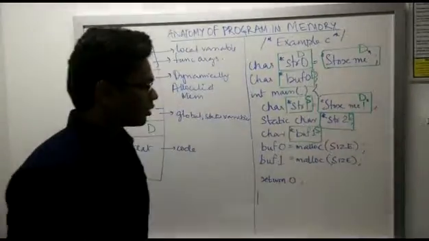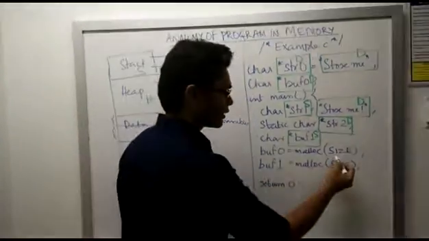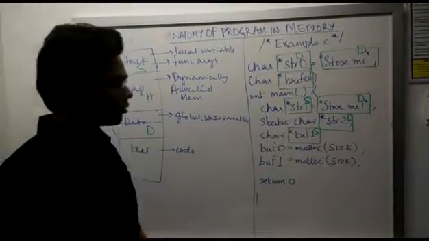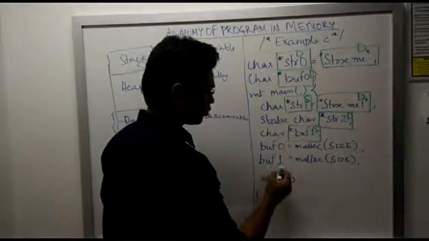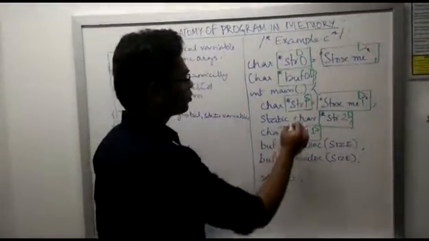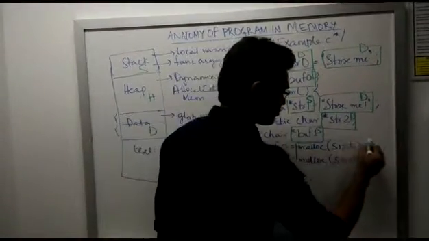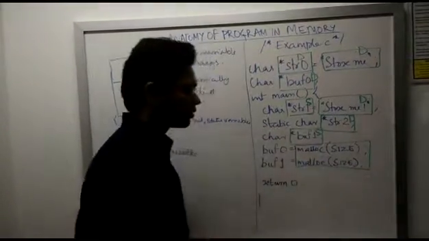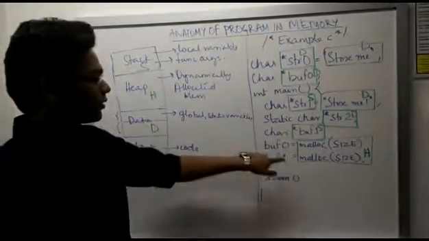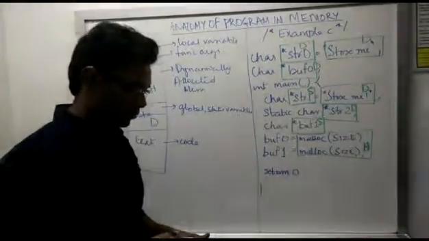I am dynamically allocating 2 blocks of memory of size, capital SIZE, and storing the addresses in buff0 and buff1. Note that buff1 is in stack and buff0 is in your data memory, but these memory chunks come from your heap, and the addresses get stored in your stack or in the data memory depending on buff0 or buff1.